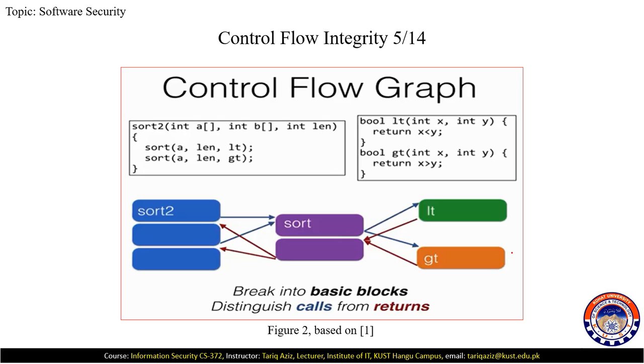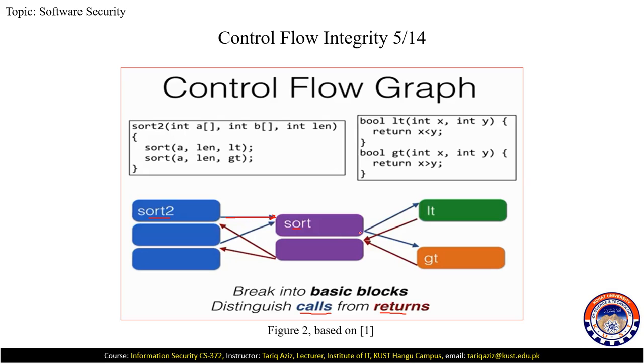Now, dear students, if we make the diagram more clear, what are the calls and returns? The green arrows represent our calls, and the red arrows represent the returns. So the sort2 function calls the sort function.